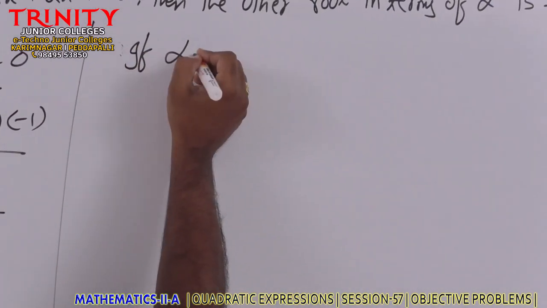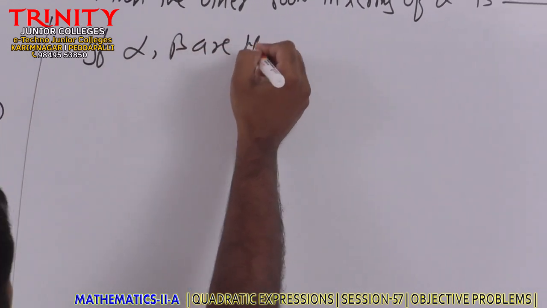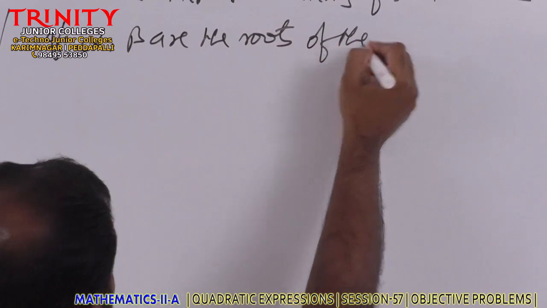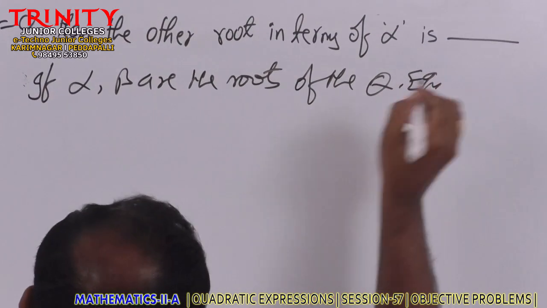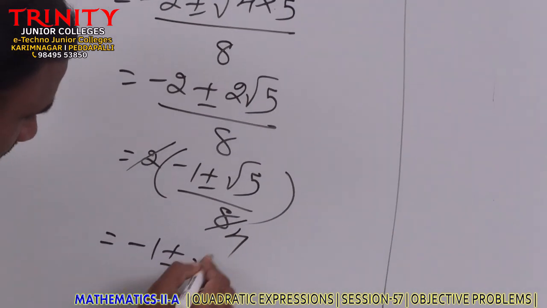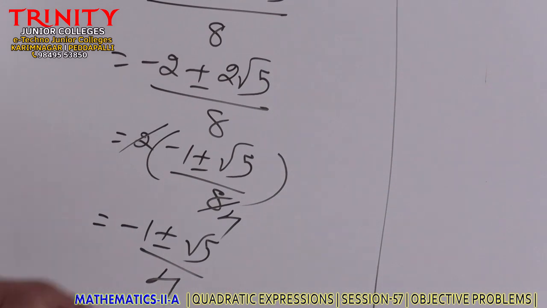If alpha and beta are the roots of the quadratic equation, therefore here we got the two roots, minus 1 plus or minus root 5 by 4.